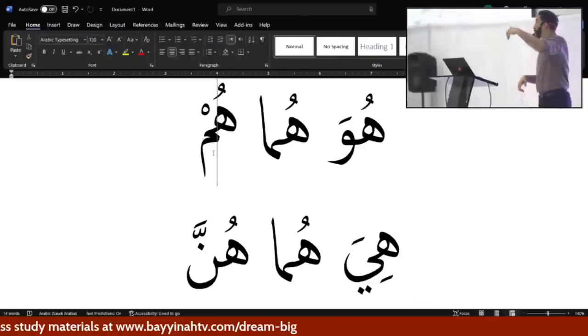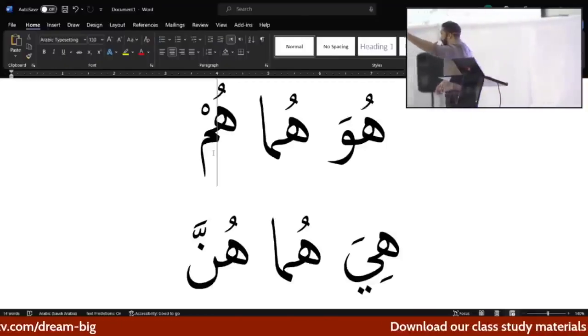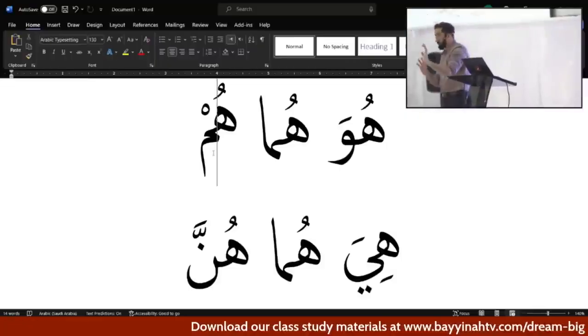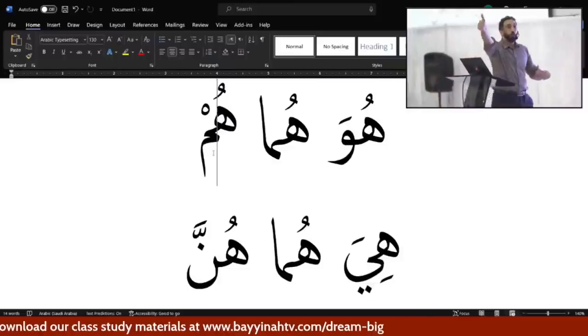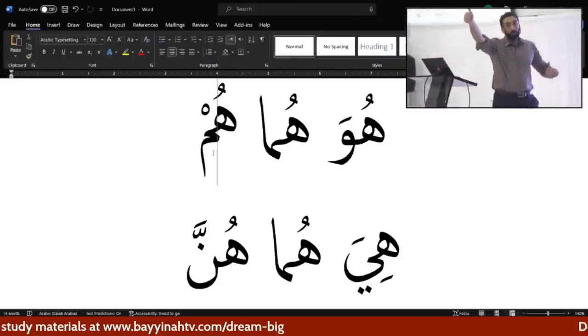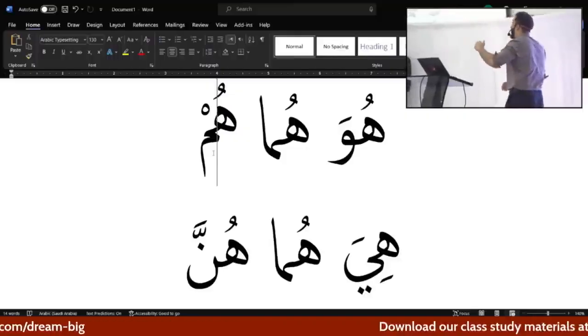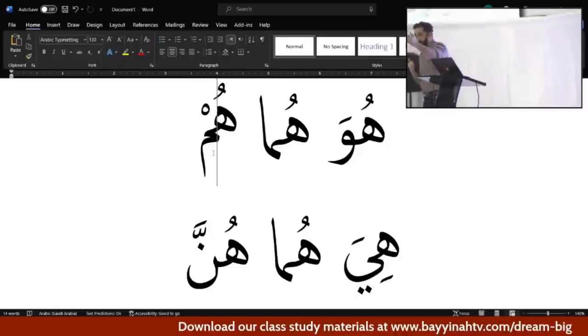The rafa' version is huma, the nasab version is, what's the cousin of huma? Huma or hima. Those could be nasab and it could be jar. The rafa' version is hum. What's the nasab or jar version? Hum or him. The rafa' version is hiya. What's the nasab or jar version?